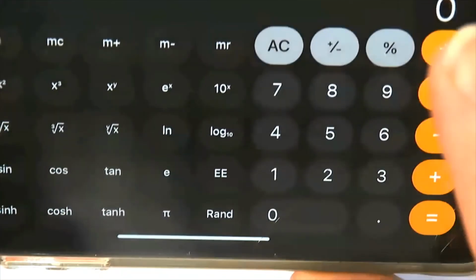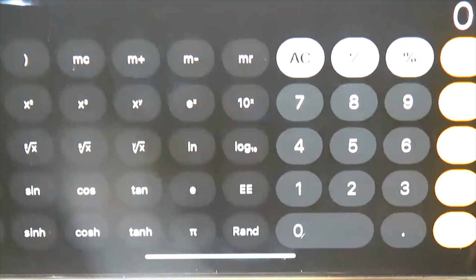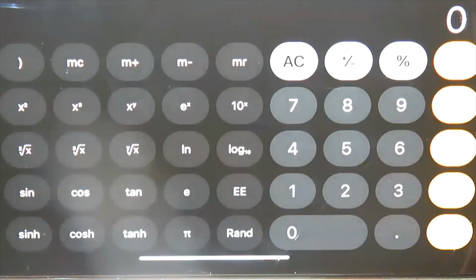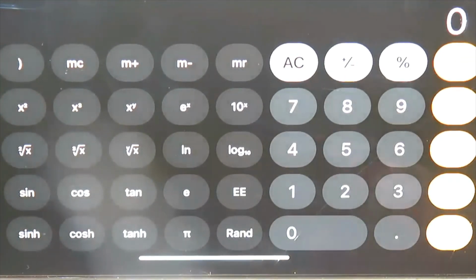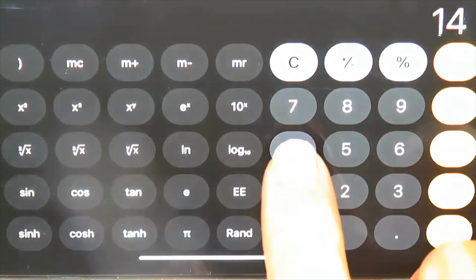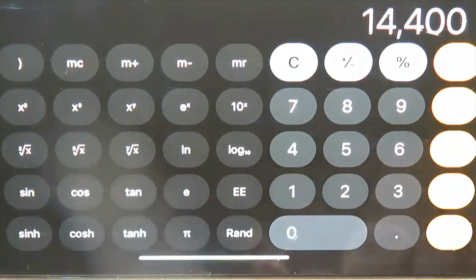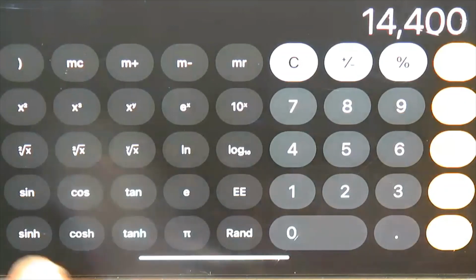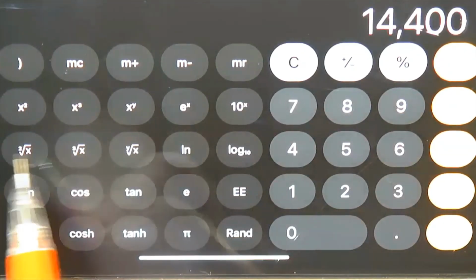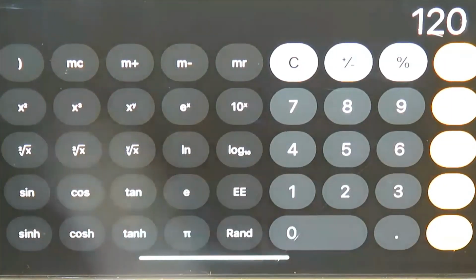So some of them, like this right here, for some of them, you're going to type in the number first, then hit the square root sign, okay?